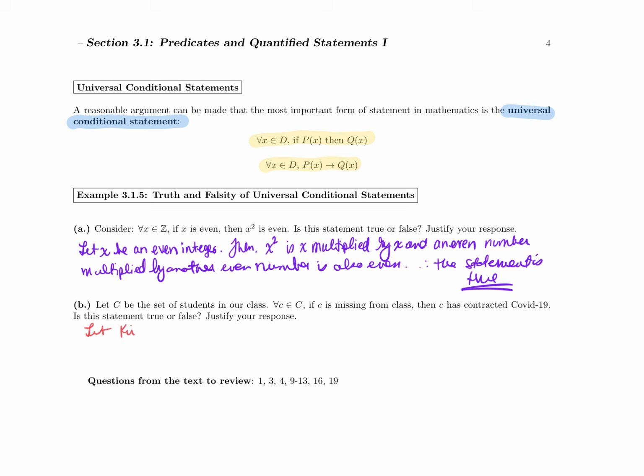So I'm going to say, let Kira be a student in our class, right? Kira missed class, right, for a doctor's appointment.